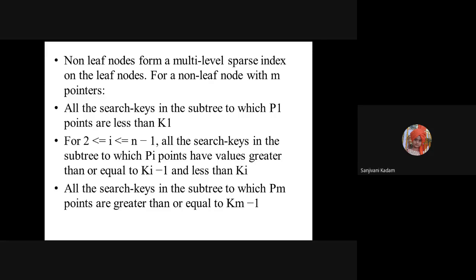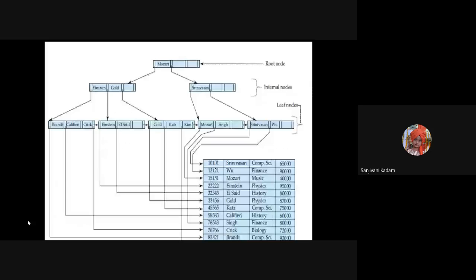So this is regarding the non-leaf nodes. Sparse indexing means that we do not have every entry, but only limited entries. Just like here, these many entries are there.